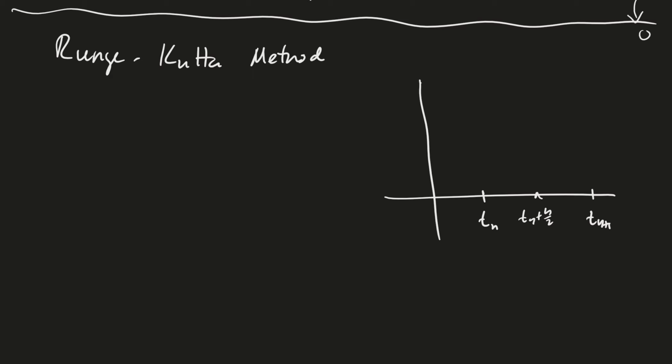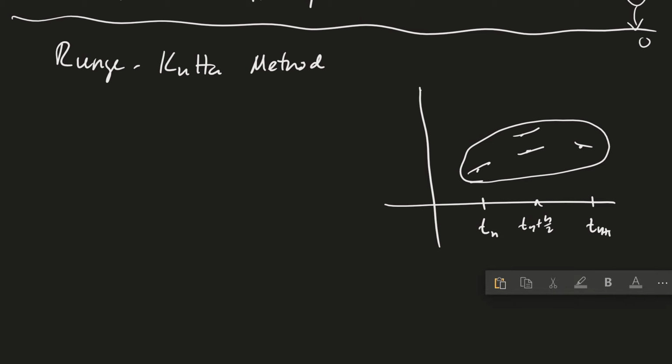And in fact, the fourth order algorithm will take two sample slopes here, one sample slope here and one sample slope here, and then we're going to try to take a weighted average of those four slopes. So we're going to try to approximate our solution at 4 different points.